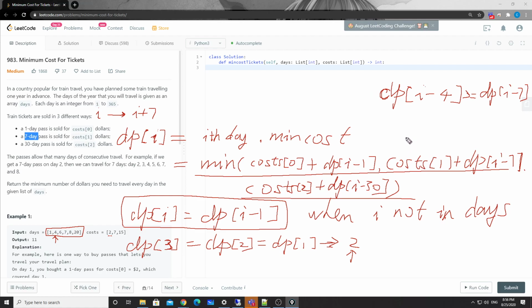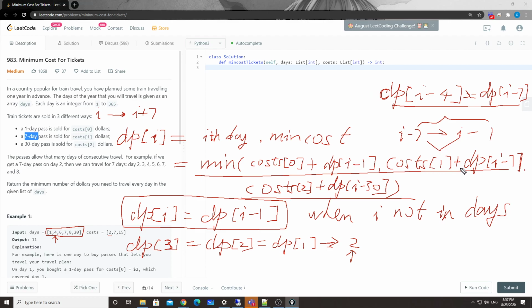If we use I minus 4, we could have simply looped through everything from I minus 7 to I minus 1 with the DP here. But since we already have this equation, we know that I minus 7 must have the smallest number among all the values in the range of I minus 7 to I minus 1.